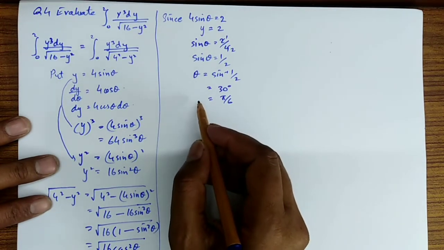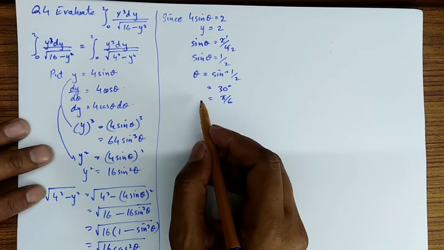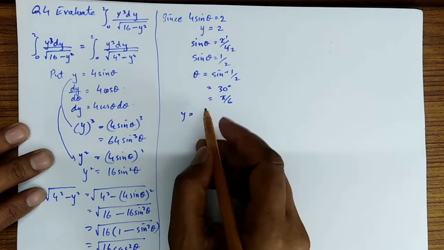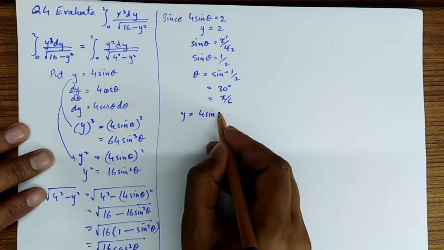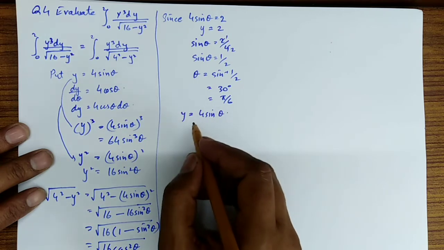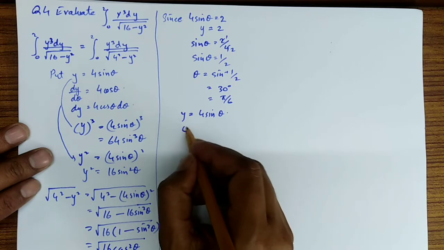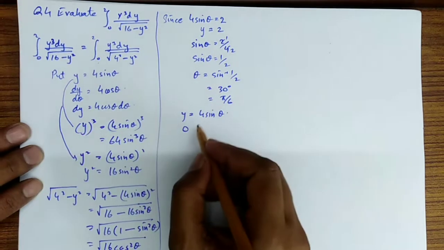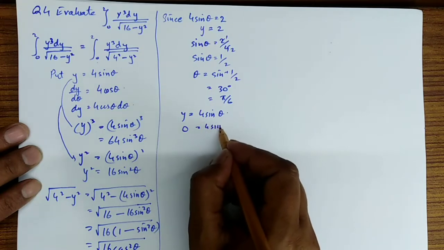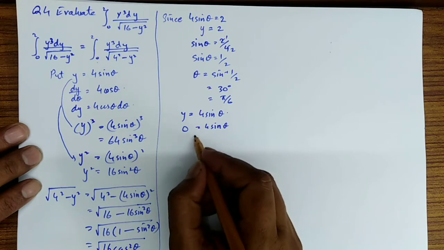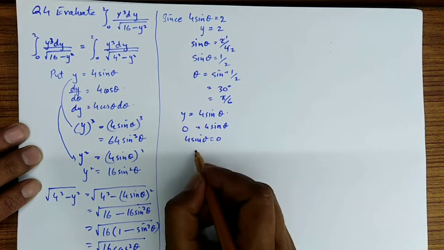So we are actually changing the limits of the given question. Once again, we know that y is equal to 4 sine theta, and the lower limit of y is 0, so 4 sine theta is equal to 0.